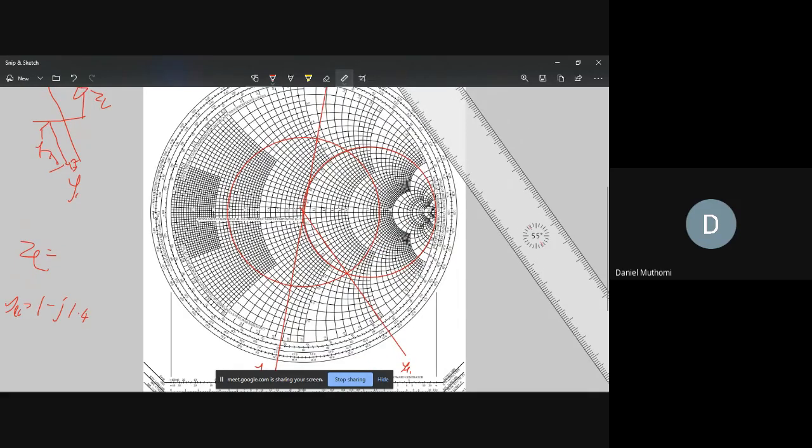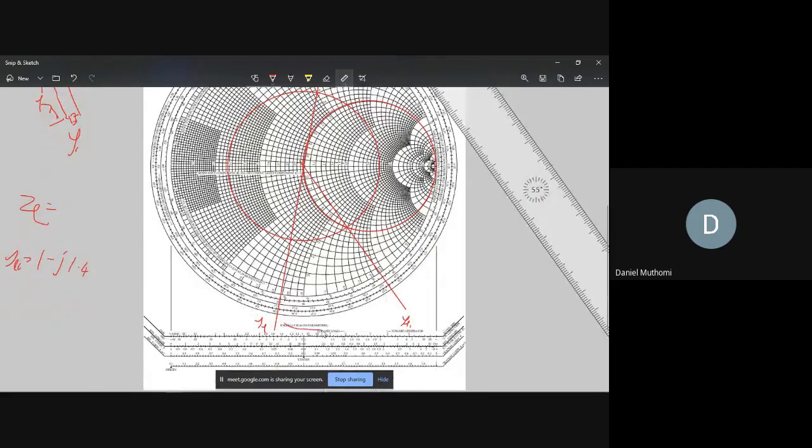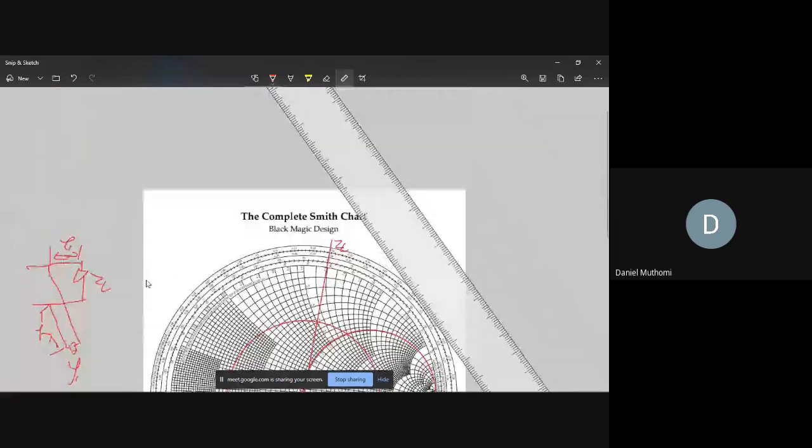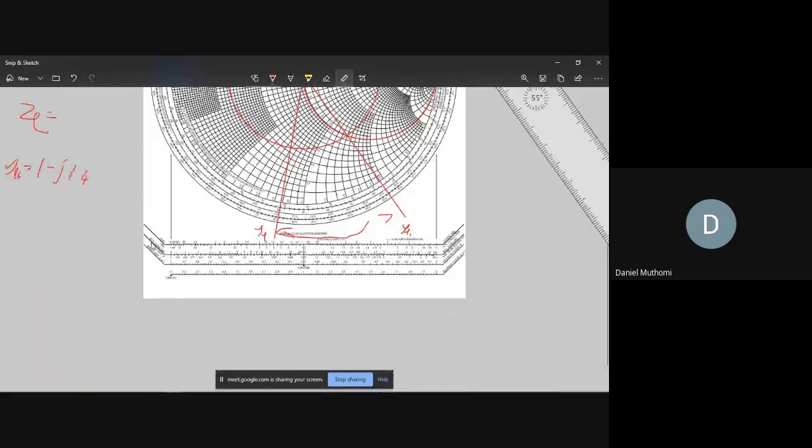And again, you can get the distance between the two of them, and this will be this distance here, your L1. You can use either of them, because you're just finding the difference between these two points in terms of wavelengths, towards the generator or towards the load.